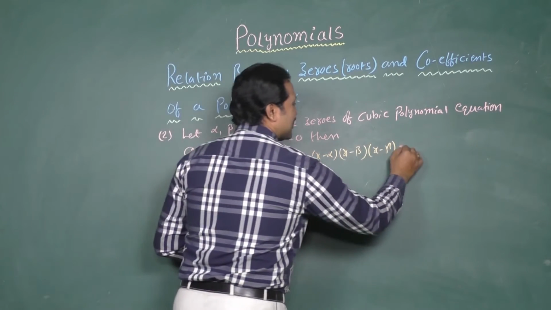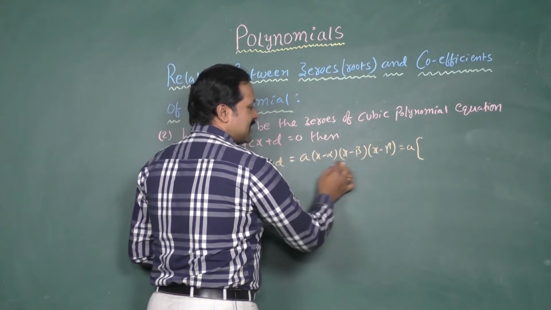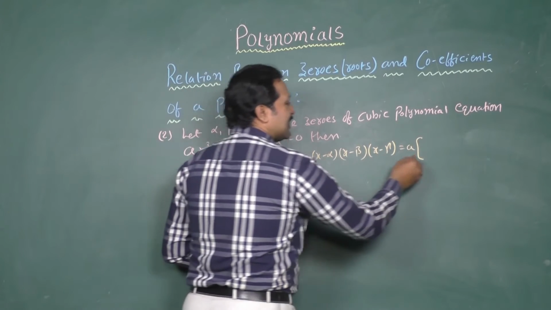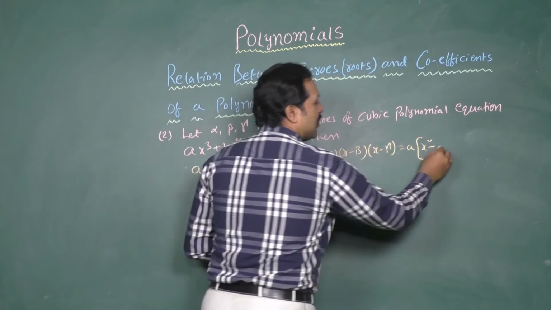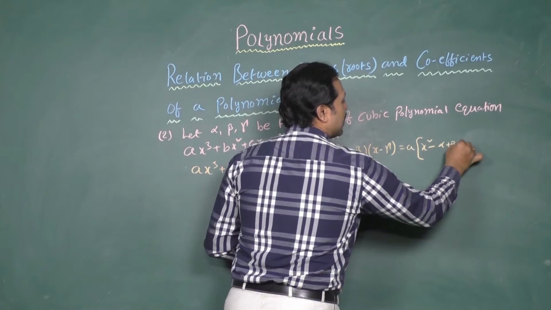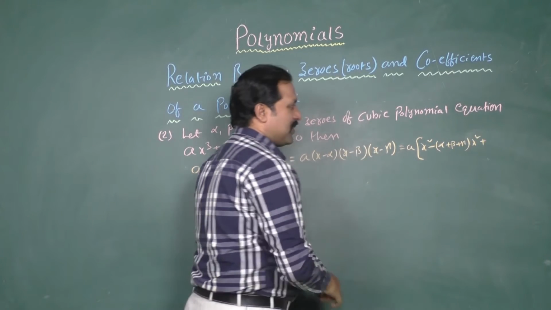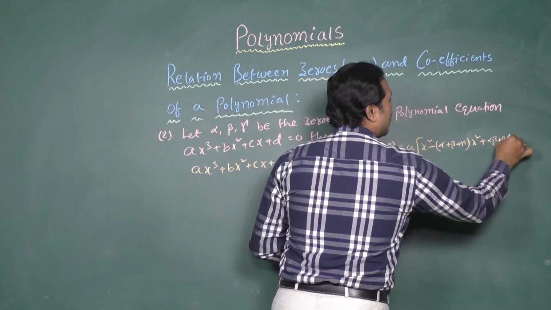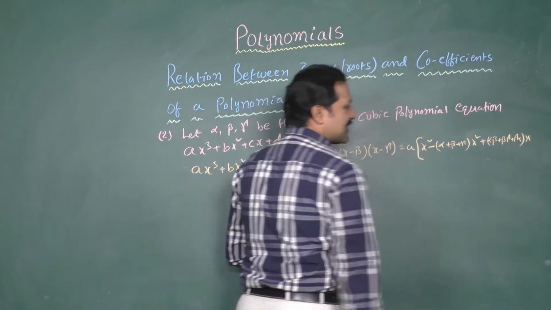It gives a times of, if you multiply these three linear expressions, then we get x cube minus (alpha plus beta plus gamma) x square plus (alpha beta, beta gamma, gamma alpha) times of x.